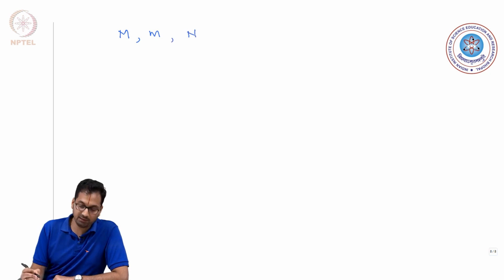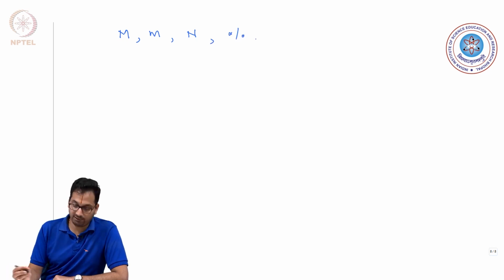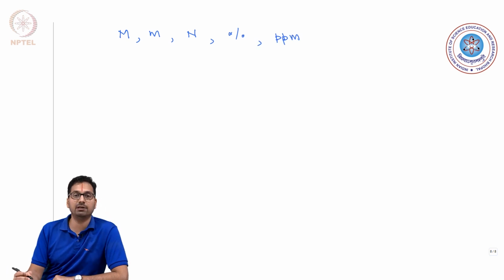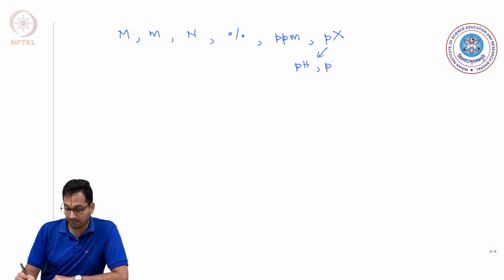Then we have normality, which goes as the number of moles that is present in 1 liter of solution times the number of equivalents for that given chemical under the reaction that you are going to end up using. Then we spoke about percentages, which is weight by weight, volume by volume and weight by volume. We also spoke about parts per million, billion, trillion and so on and so forth. Then we also discussed the px scale, where we exemplified it with an example of pH and also pKa.